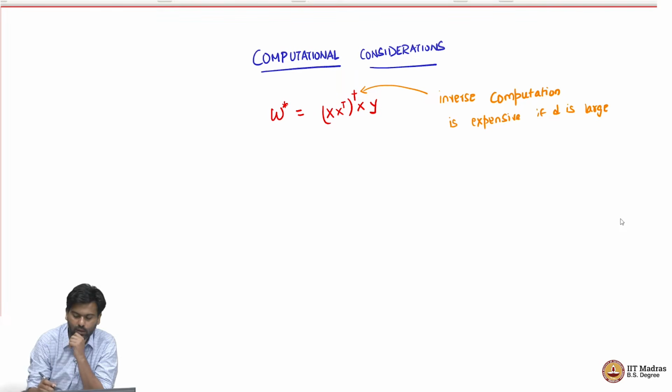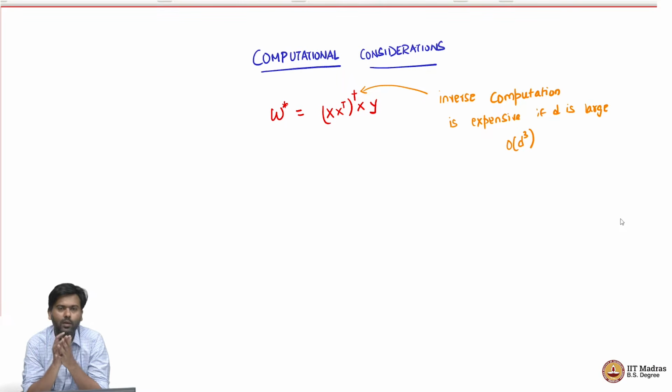So the question is, what time does it take? This also takes something like order of D cube. Maybe there are special purpose algorithms which can do it slightly faster, but in general this is also going to take D cube, where D is the number of features. Remember, XX transpose is a D cross D matrix.